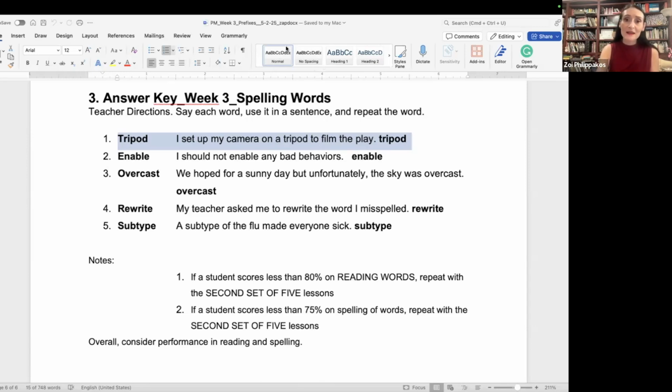So this is the guidance that we provide to you for the progress monitor. The progress monitors are also included in your manual, and you can also access them from the folders where they are located.